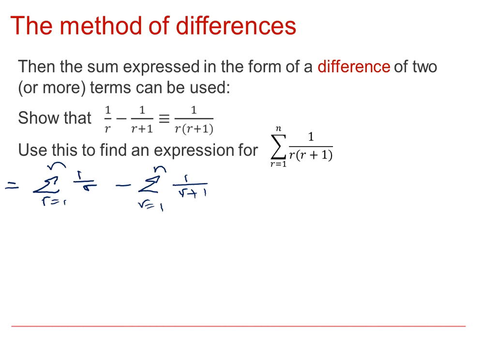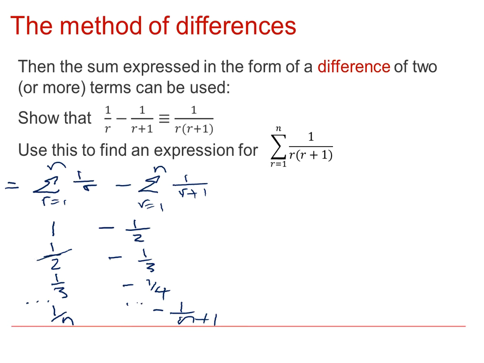Writing these out vertically, we would see that this would give us 1 minus a half, and then a half minus a third, a third minus a quarter, going on down to finally 1 over n minus 1 over n plus 1. I've written these vertically because that's how I like to set it out.